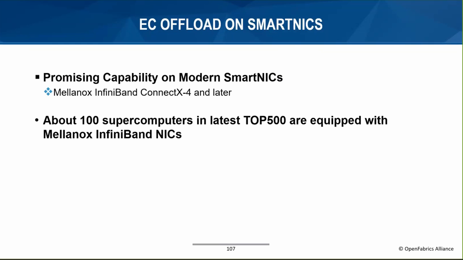With SmartNICs, we can potentially offload both computation and communication onto the device. The EC offload feature is available, and will be available in many advanced SmartNICs in the future.